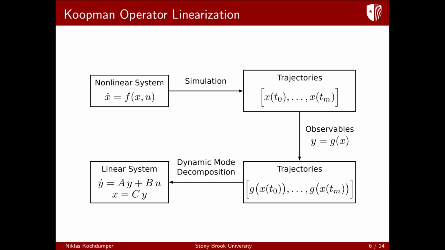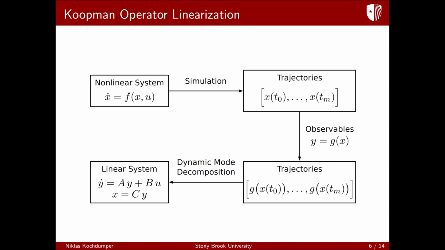Let me mention that for neural network observables, we actually do the training of the observables and dynamic mode decomposition in parallel, or together, because we want to learn observables that lead to good linearizing dynamics. For the other types of observables, that's actually done sequentially, as depicted here.